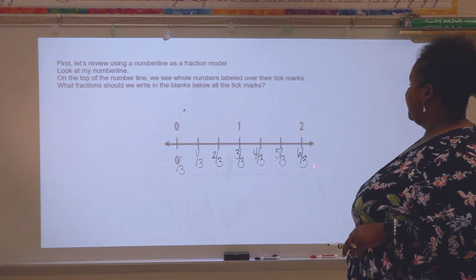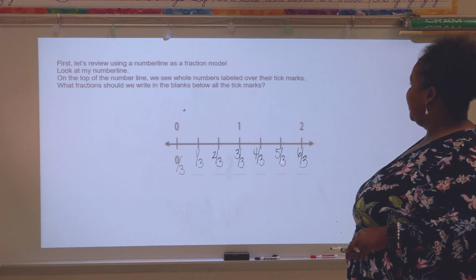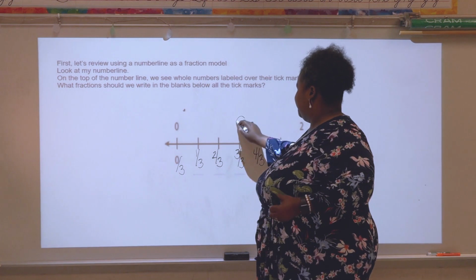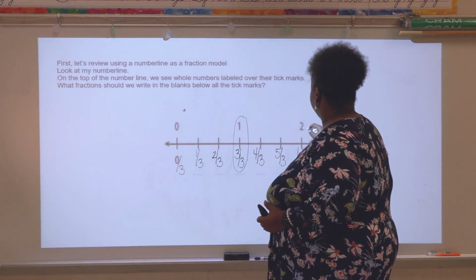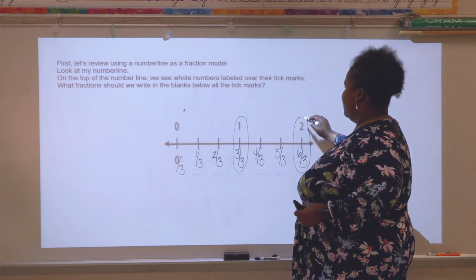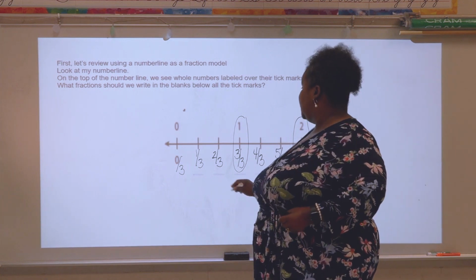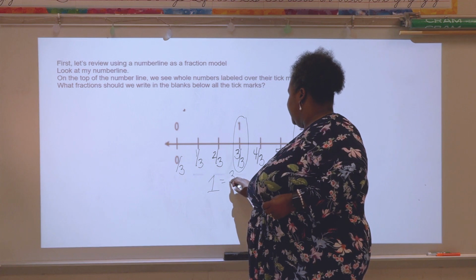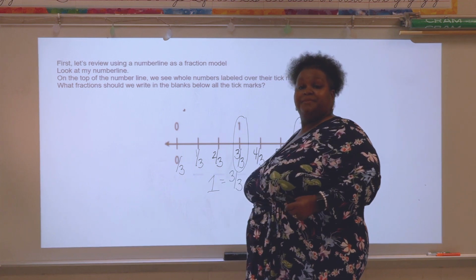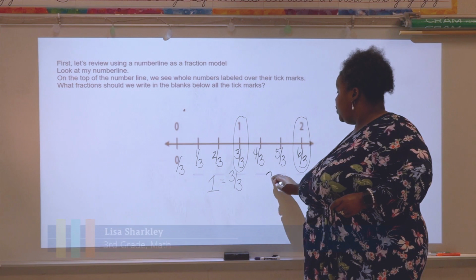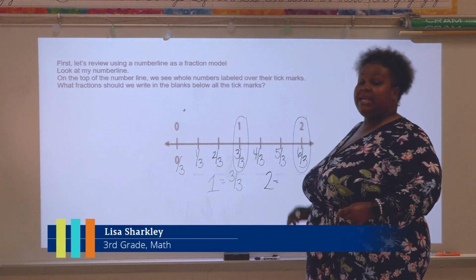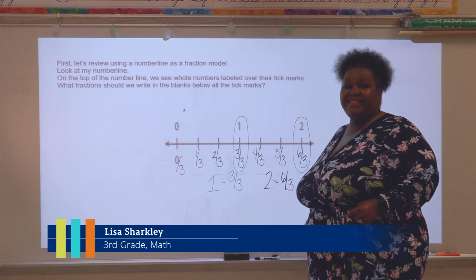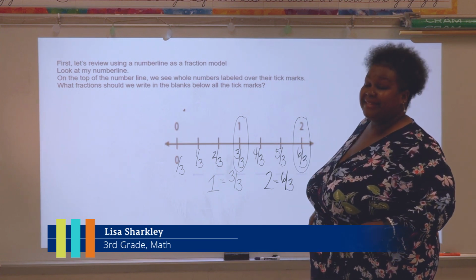Also, I see another one, same spot on my number line. Let's go ahead and circle those. We learned this in our previous lesson: 1 is equal to 3 thirds, and also 2 wholes would be equal to 6 thirds. That's a review from our last lesson.